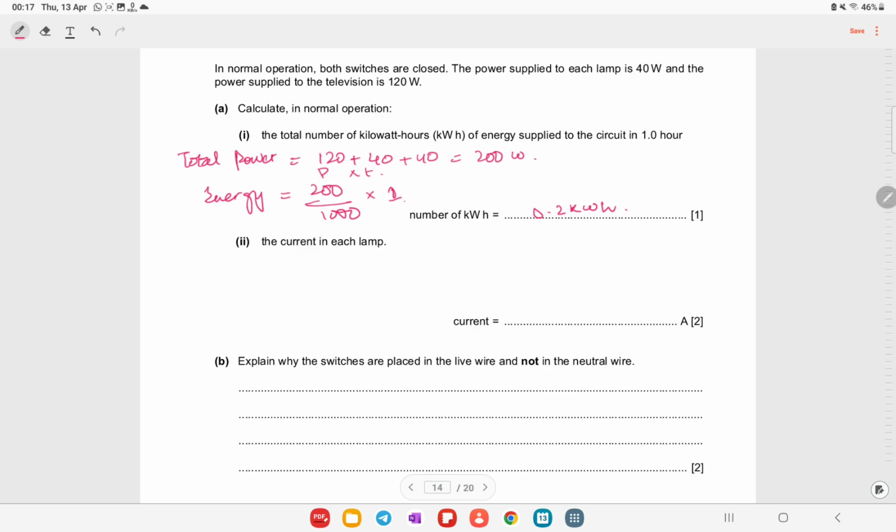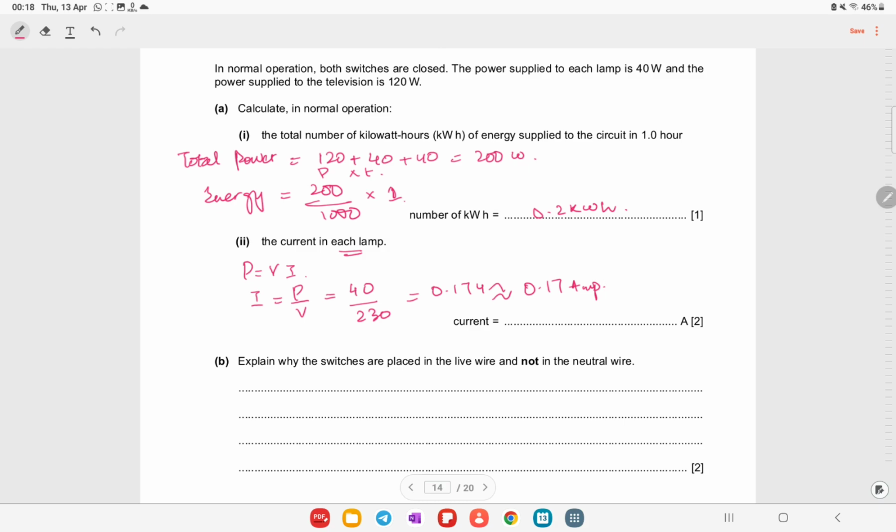The current in each lamp: you have power and you have voltage, so current is P over V. P is 40 watts for each lamp, divided by 230, which is 0.174, so 0.17 ampere.